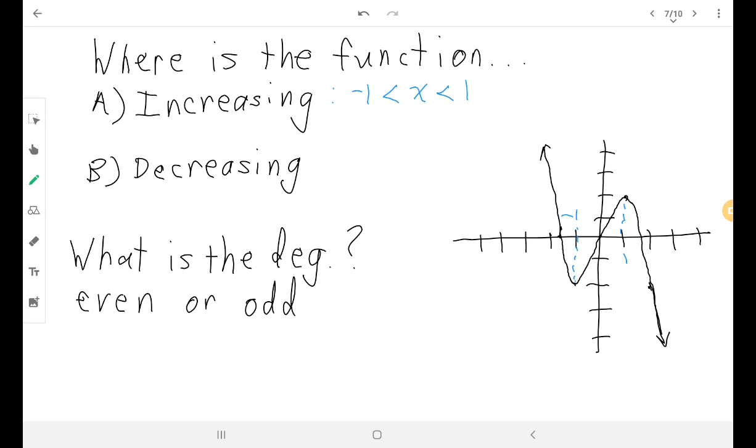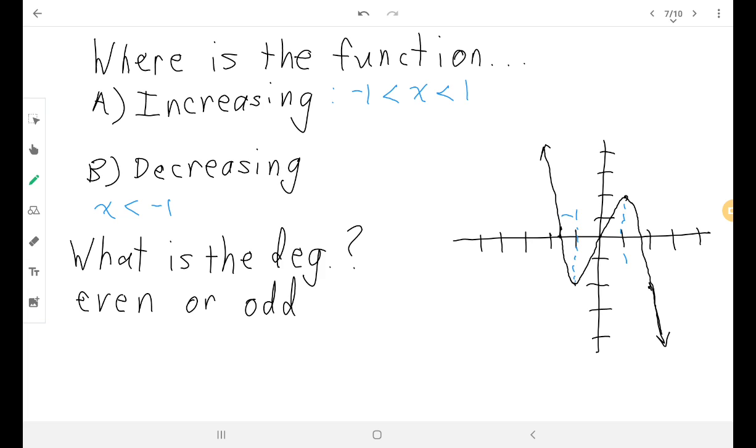Okay, so there's the increasing. So then where is it decreasing? Well, it's decreasing in two different spots. Here, and then again here. So it's decreasing for x less than -1.